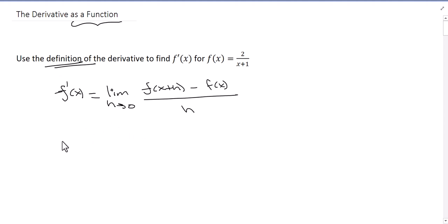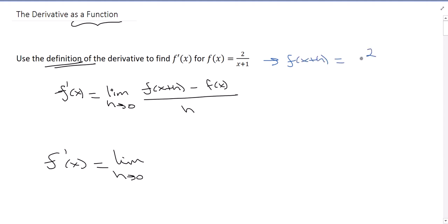So let's find the derivative for our function. This is a function with a fraction, so we're going to have to do a little work here. Our derivative is the limit as h approaches 0 of f of x plus h. So what is f of x plus h for this function?